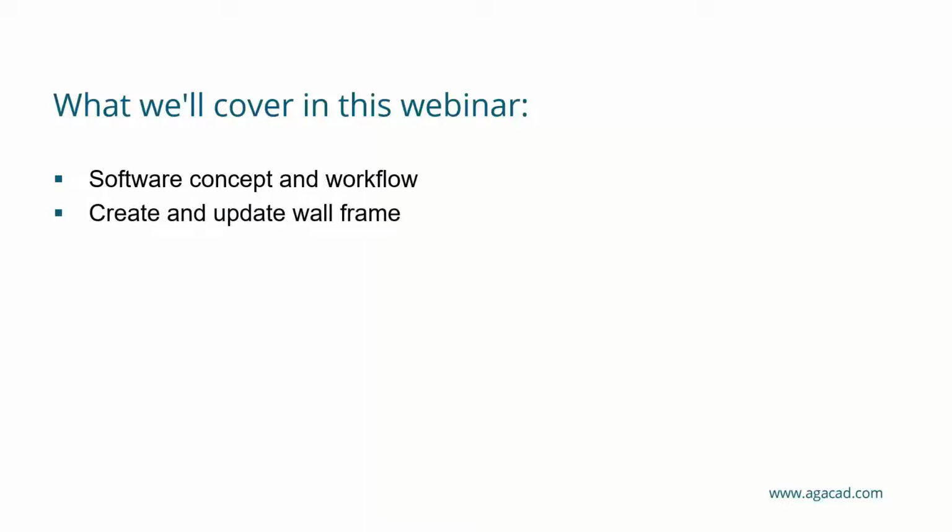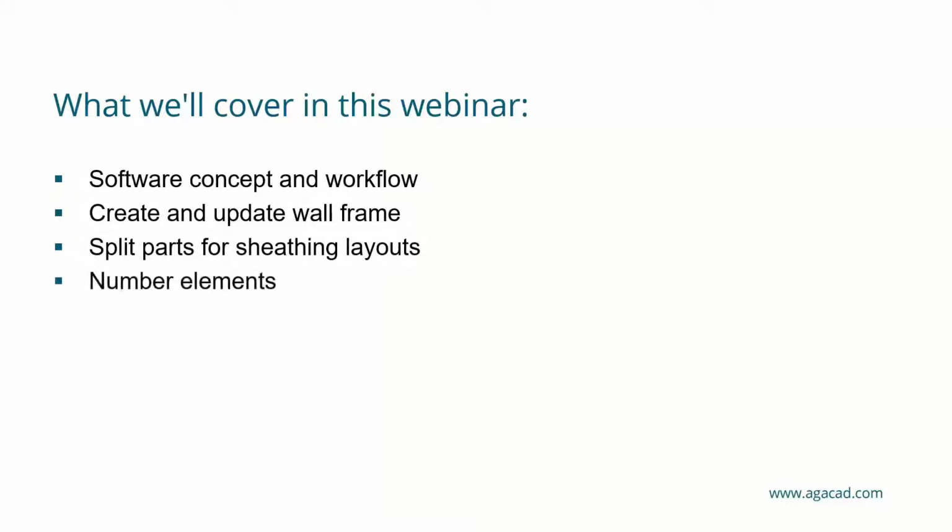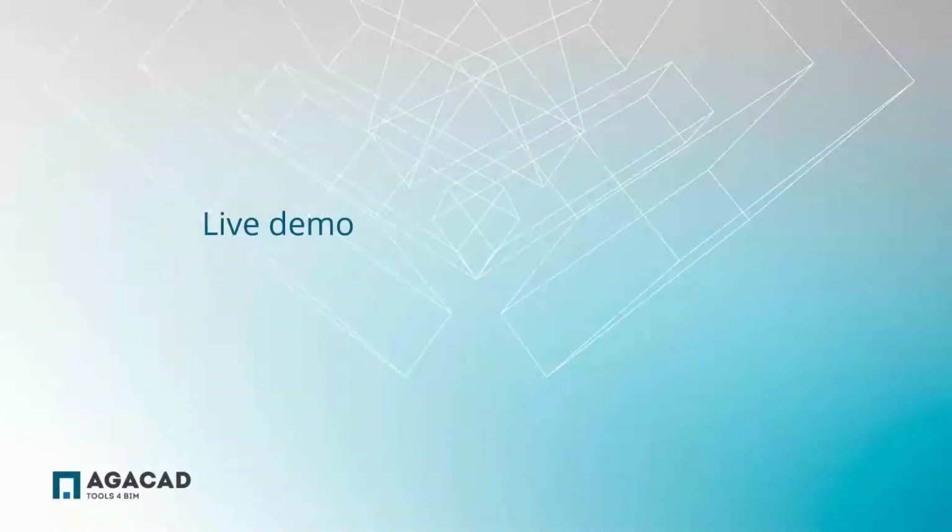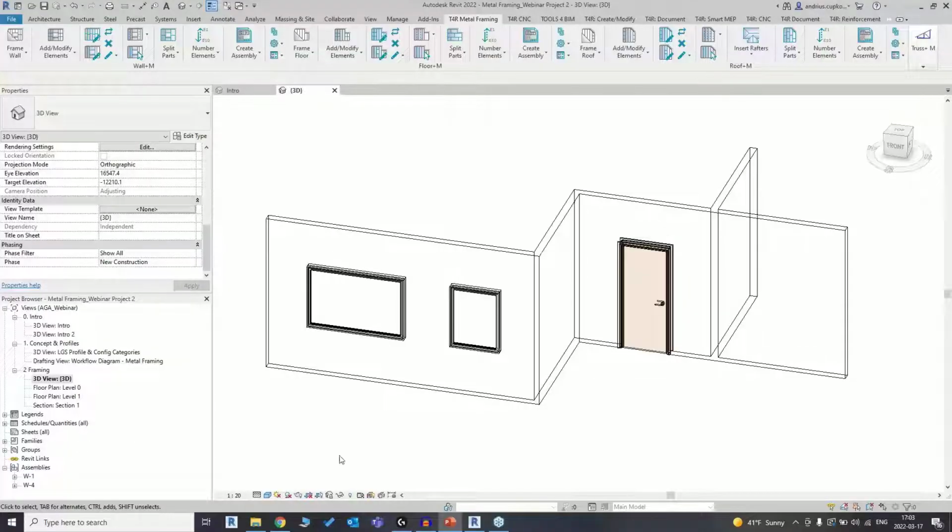We will look at how to create and update wall frame, how to split parts for sheeting layouts, then number elements, and then we will create shop drawings and schedules. So let's continue our webinar into the live demo.